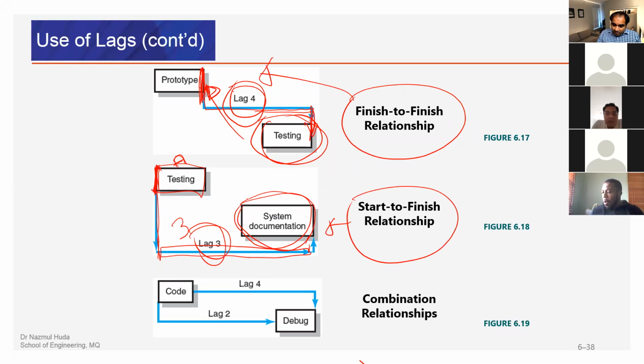The next one is a combination relationship. That means we have start to start or finish to finish. We can have multiple approach, a combination approach. So finish to finish, once this is finished, 4 days. This is started and this is started, 2 days.